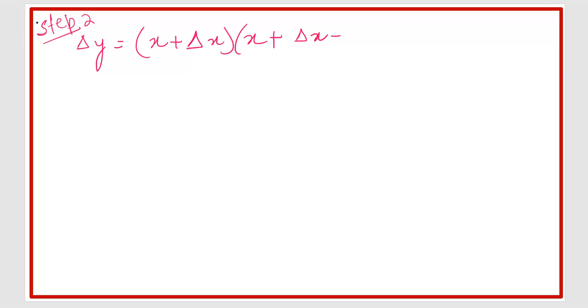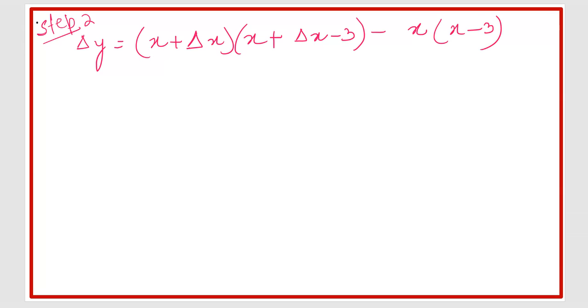So step number 2, we will start the solution. Here I will write one more time that delta y is x plus delta x into x plus delta x minus 3, and then we have negative x into x minus 3.